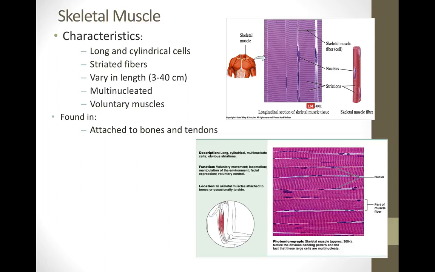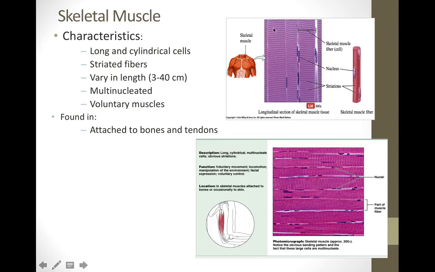They do not carry intercalated discs; that is only limited to your cardiac muscle. Examples are any muscles connected to the bones via tendons, such as biceps brachii, triceps brachii, your flexors, extensors, and pectoralis major and minor. The striation pattern in skeletal muscle is really clear.